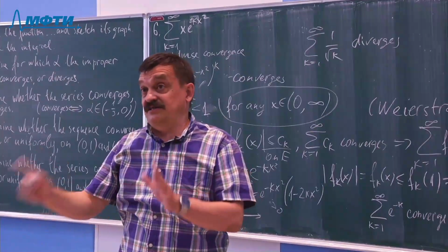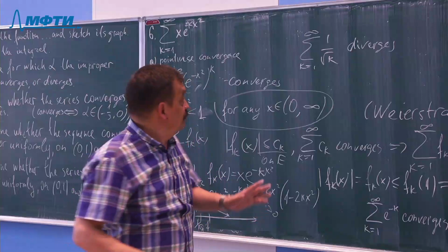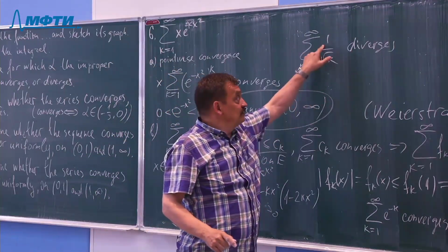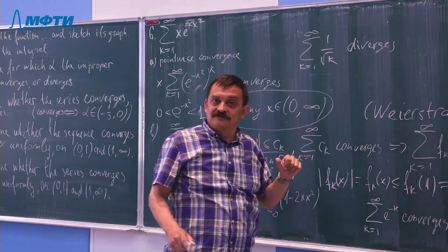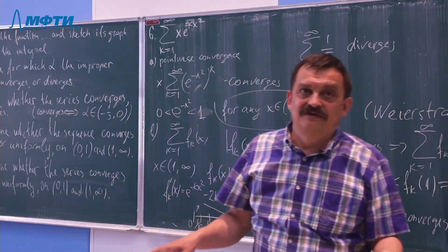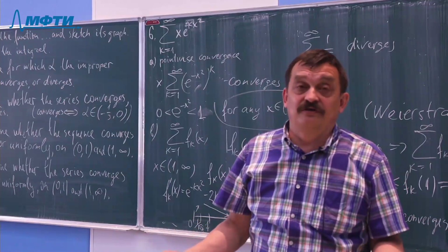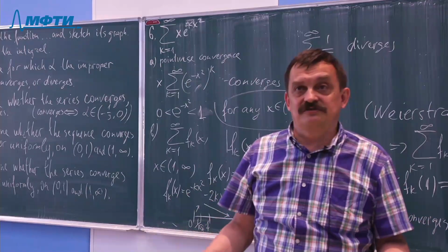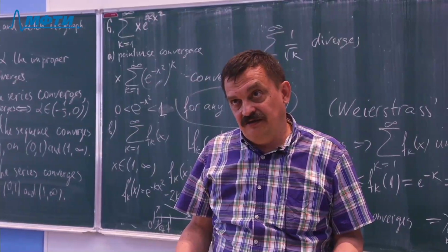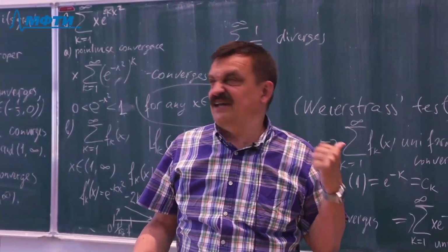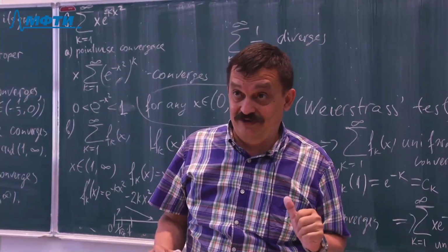There is such a necessary term test for uniform convergence. But here you see that it is different. This term tends to 0. The series diverges, but it says nothing about the absence of uniform convergence. We cannot deduce it. We need to proceed in a different way, but of course it suggests that most probably the series diverges.